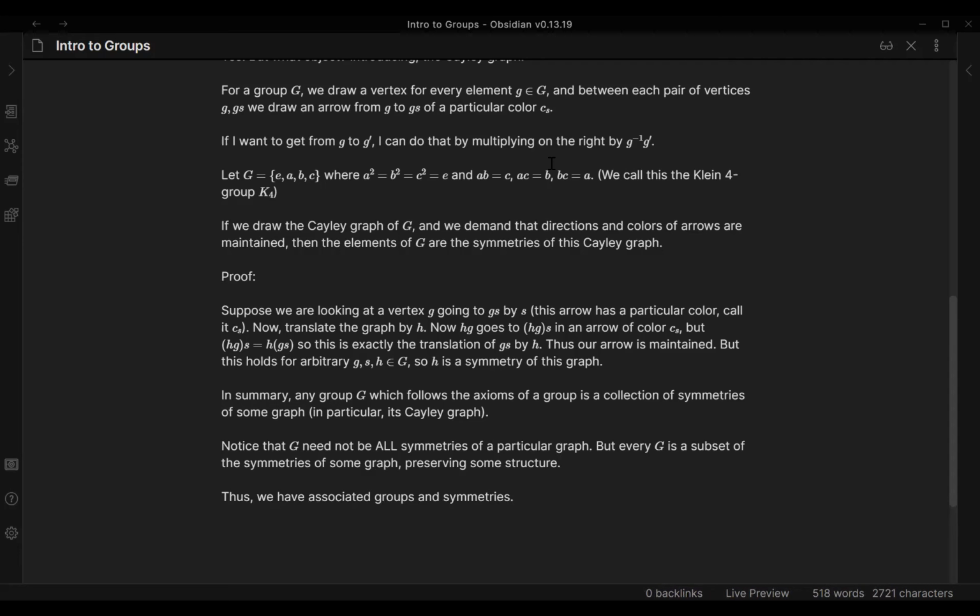Everything that follows the group axioms is the symmetries of something, and the symmetries of any object you create form a group. So it's not that this is one way to look at it and this is another way to look at it, but in fact, they are totally inseparable concepts.